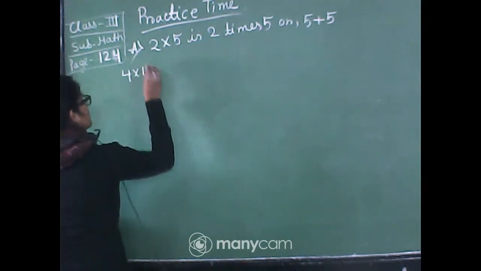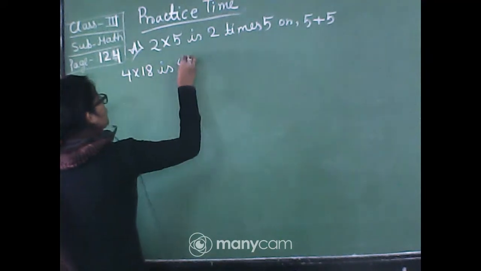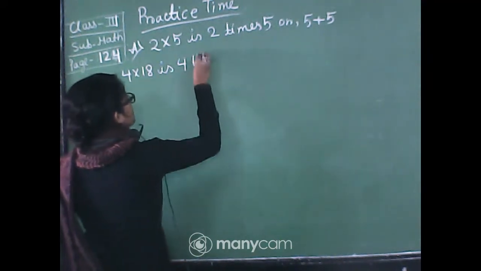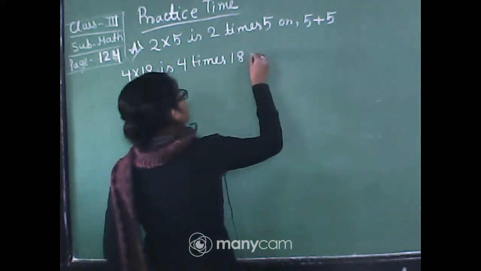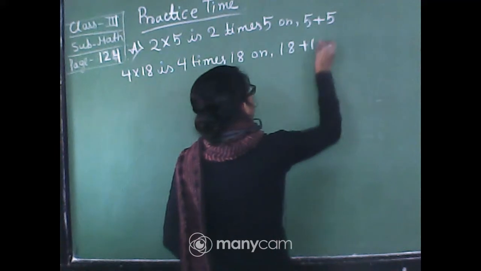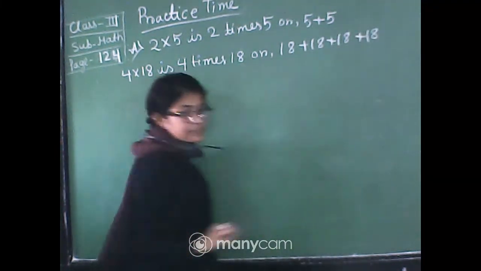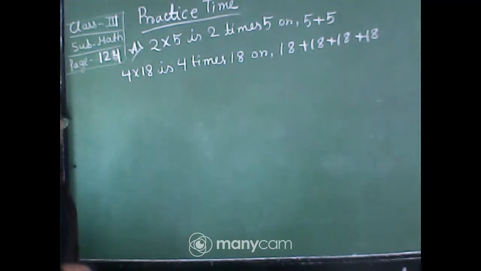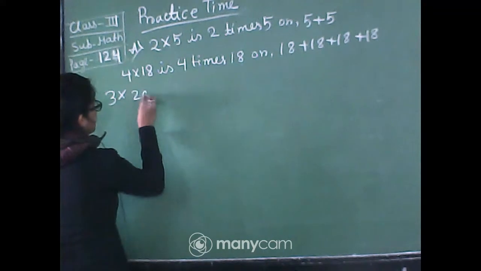So in this way, the next one, how will it be? 4 into 18. 4 into 18 means 4 times 18. So how many 18s will we write? We will write 4 of 18, no? So 18 plus 18 plus 18 plus 18. Okay? Now see the next one. 3 into 20.